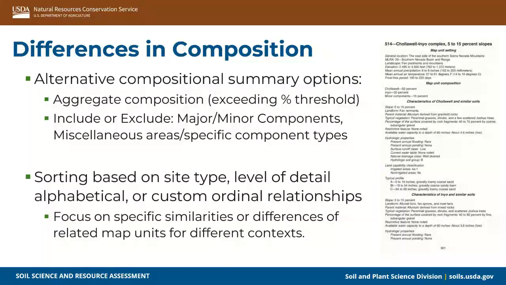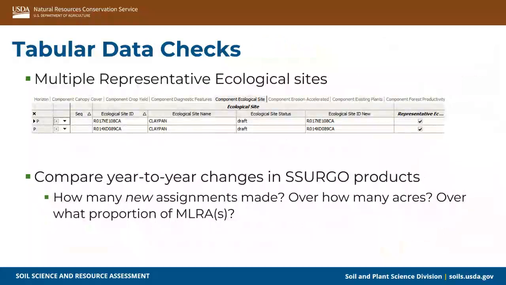So it may not depend so much on the component percentage, but rather on some inherent relationship between those sites. That allows you to smooth over some of the subtle variances in composition and look at the commonalities across map units. And again, here's a visual of that multiple representative ecological site situation.